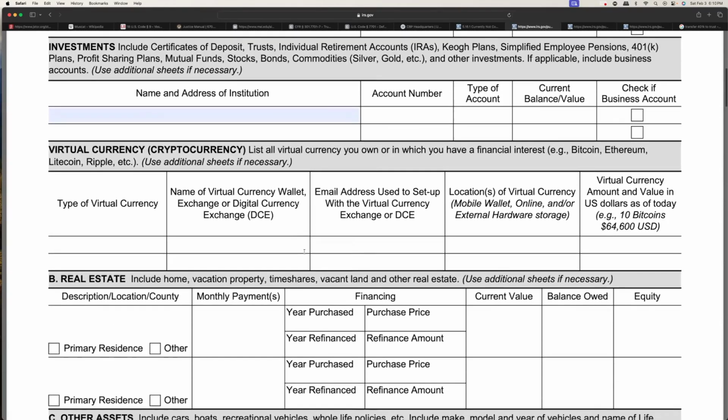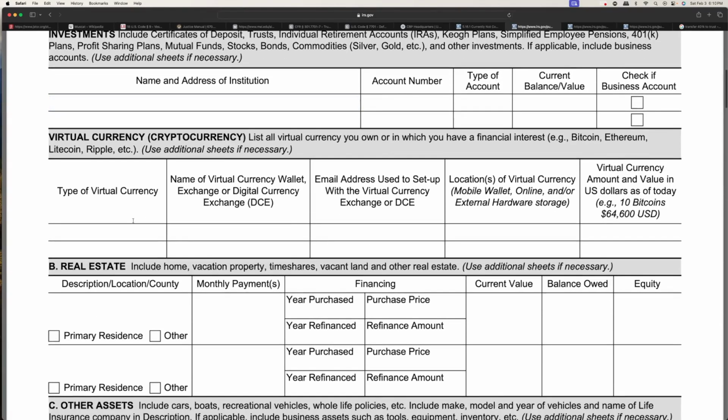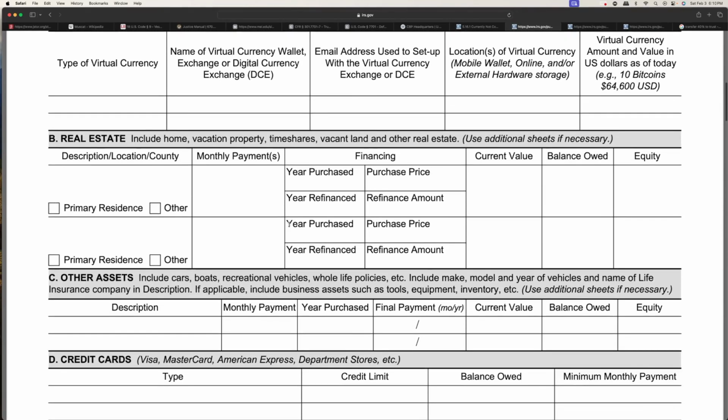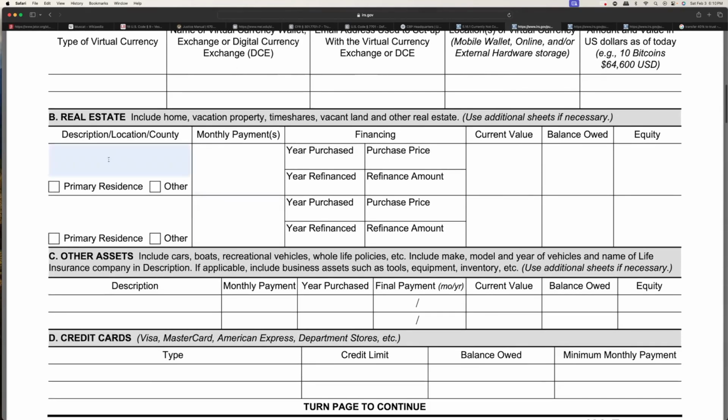Same thing with cryptocurrency, Bitcoin. You want to change that over, whoever is your holder. Real estate, you should have already quitclaimed the property over to the Express Trust if you're going to pass it on to the next generation, or a land trust, which requires no EIN, if it's going to be property that you may sell.